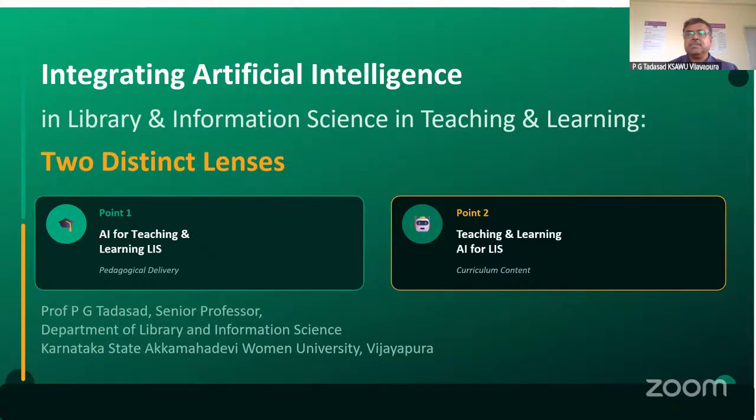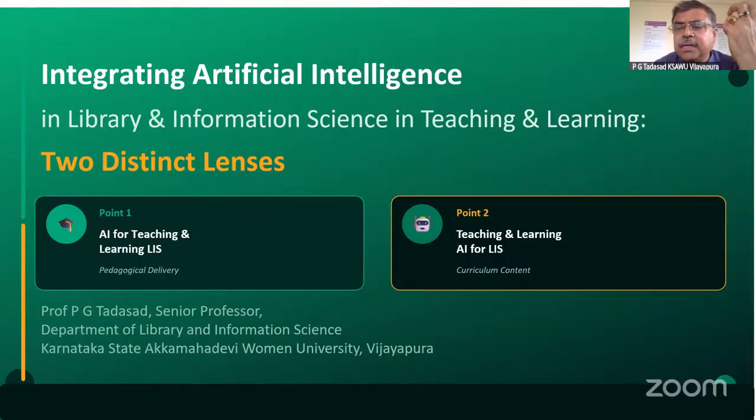Now, under the circumstances, whether AI itself could become curriculum content for LIS courses. If yes, then to what extent can we teach the AI components to our students? To what extent can it be integrated into the curriculum? So these are the two aspects that need to be discussed at length.